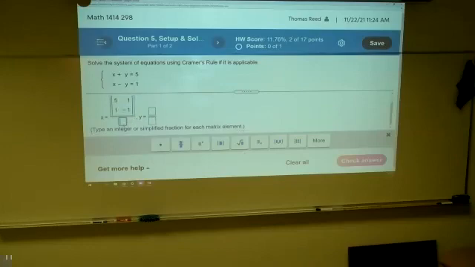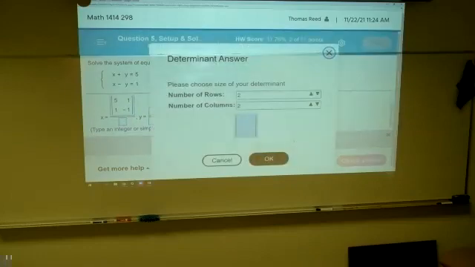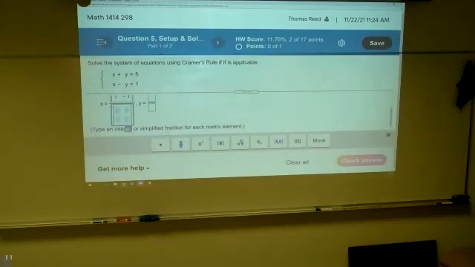And down here, we shall do the same. But it's going to be the determinant of the coefficients. So my top row is a 1. My bottom row is a 1 and a negative 1.